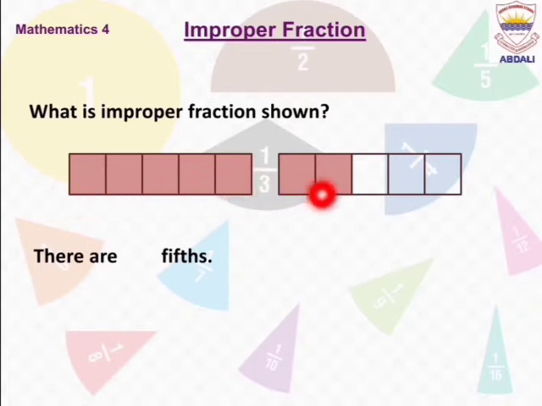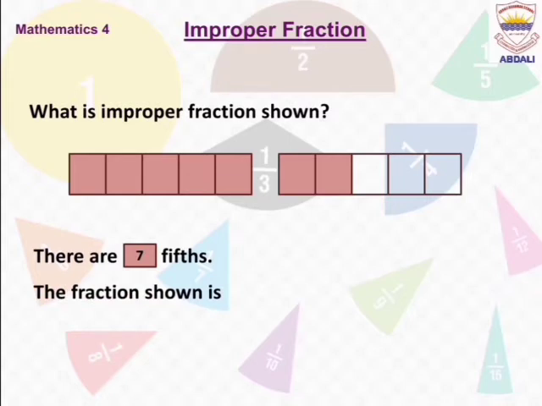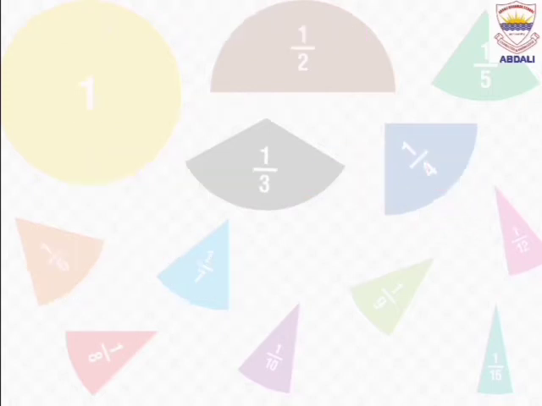Students, let's count: 1, 2, 3, 4, 5, 6, 7. There are 7 fifths. Now students, write the fraction shown. The fraction is 7 by 5. 7 is the number of colored parts. We write 7 in the numerator place, and 5 is the total portions in each diagram. We write 5 in the denominator place. The improper fraction shown is 7 by 5.